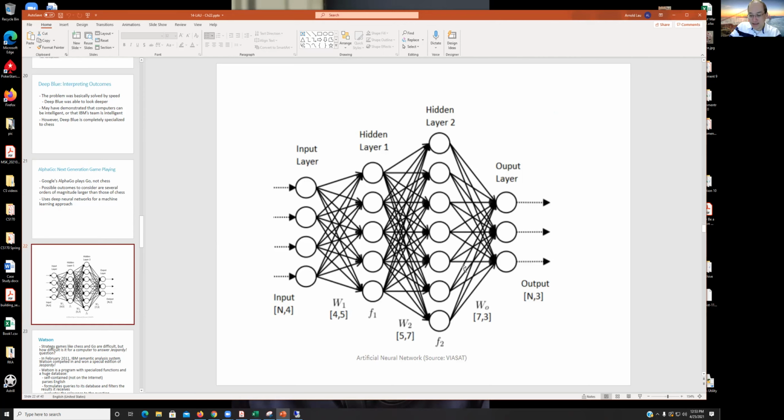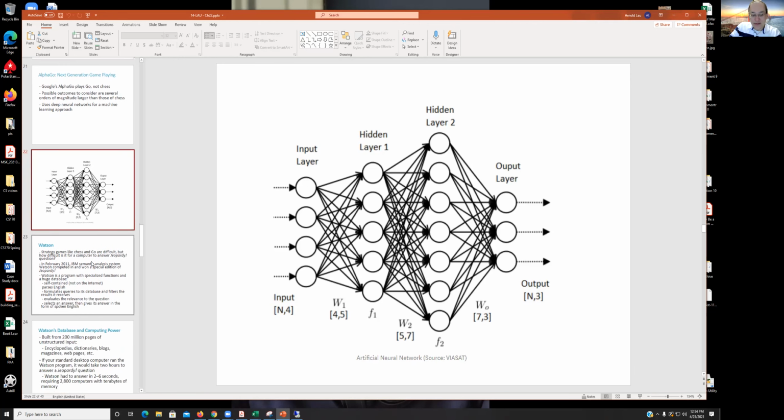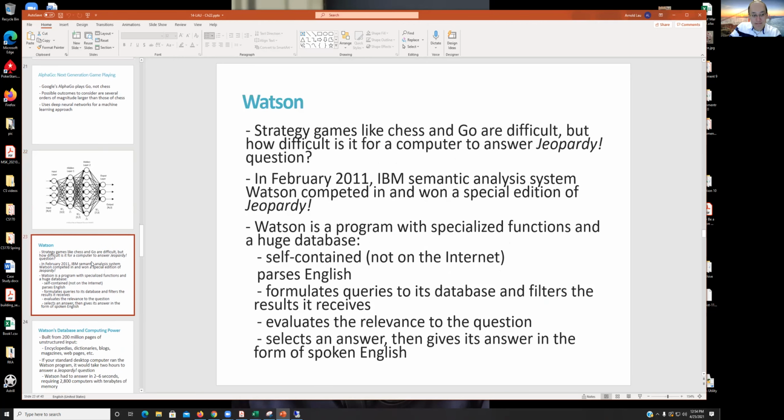That's what they have here with these weightings. All of these are different points, and you make the next move, and the next move, and the next move. Then you have all these different weightings, and you try to pick out which one is the optimal path.